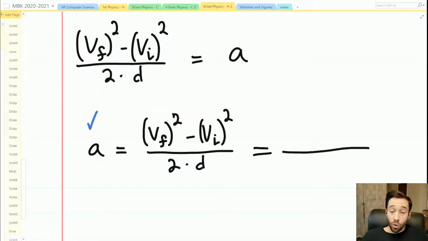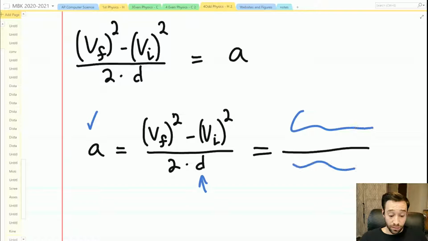Now, the only things that should be located on the right side of the equation, these variables here, I should only have variables that are located in my knowns category. If I have a variable in here on this side, say if I wasn't given the distance, then I'm not allowed to plug in the values to get my result.